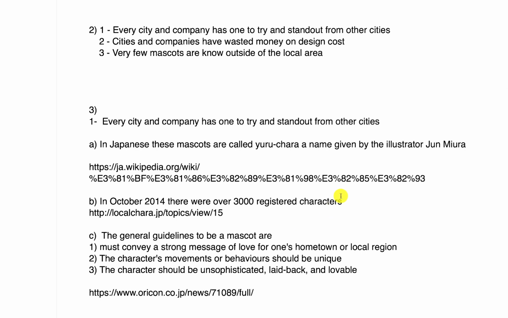Also, as I'm writing, I'm doing some research to get this information. I don't have all the information just coming out of my head, so I'm researching on the internet. And where I find this information, I'm collecting the websites here.